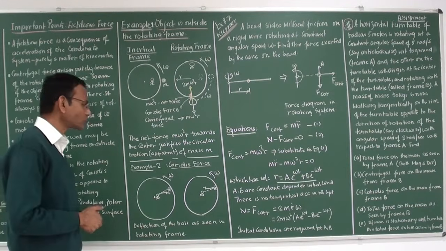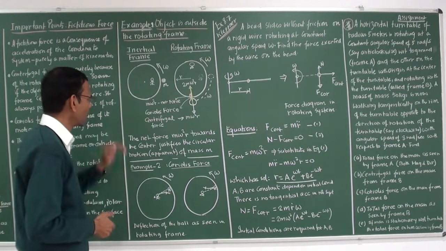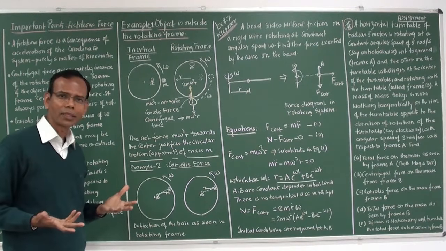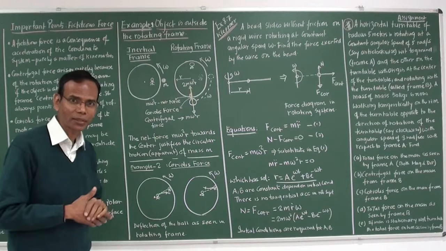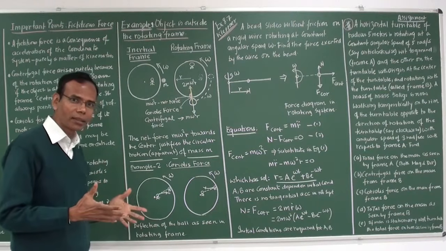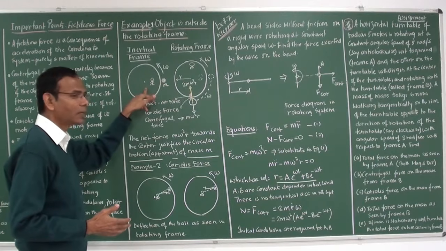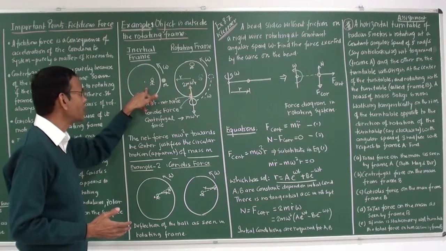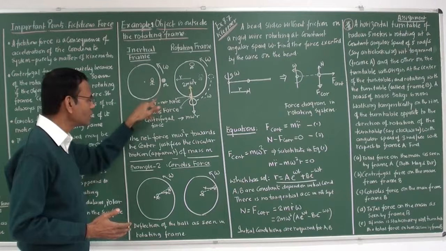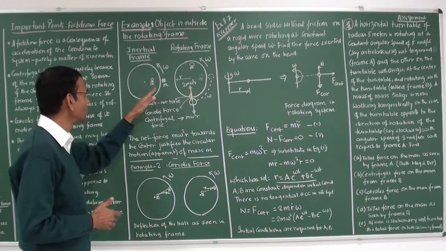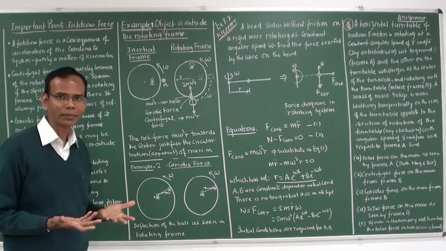Obviously it is rotating. It is just the reverse of the first case. Now the inertial man will see it at rest, but the observer in the rotating frame will see it rotating. So how will he justify that?